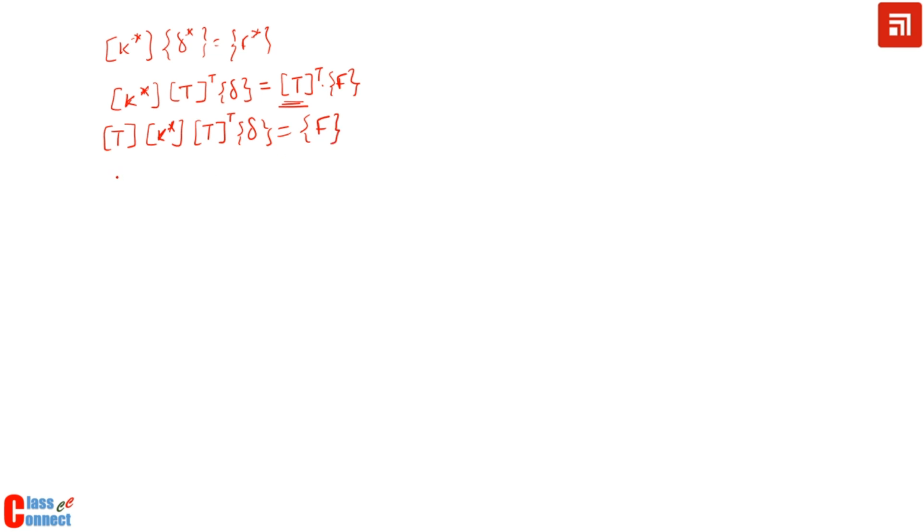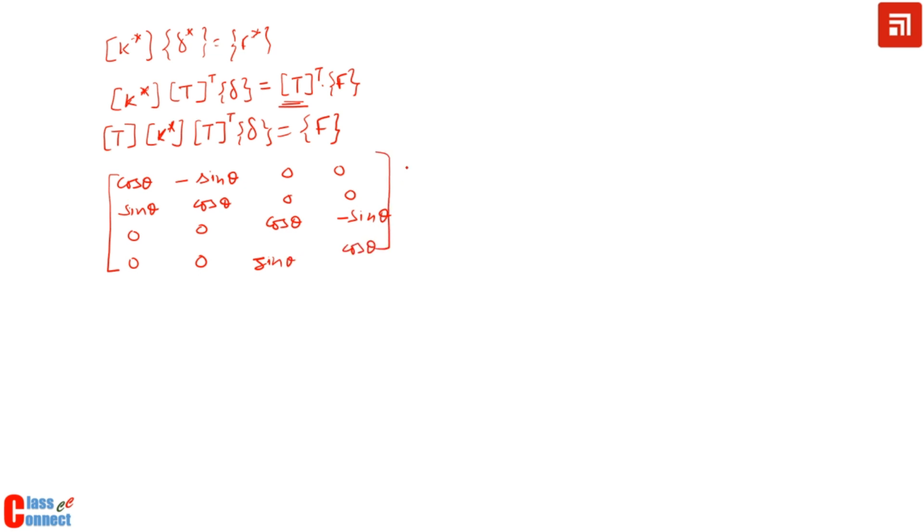If I write this transformation matrix in expanded form, I get cos theta, minus sin theta, 0, 0; sin theta, cos theta, 0, 0; 0, 0, cos theta, minus sin theta; 0, 0, sin theta, cos theta, multiplied by K star, that we have seen: AE by L will always be there, with 1, 0, minus 1, 0; 0, 0, 0, 0; minus 1, 0, 1, 0; 0, 0, 0, 0.